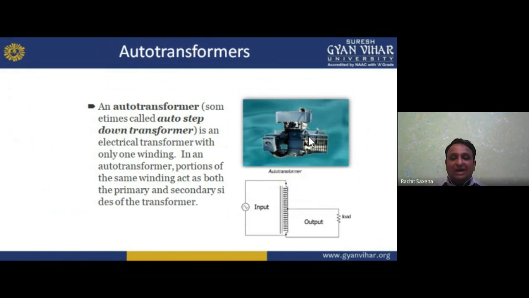In contrast, here we have only one winding. In an auto transformer, portions of the same winding act as both the primary and secondary sides of the transformer. So in one winding, we can find both the primary side and the secondary side.